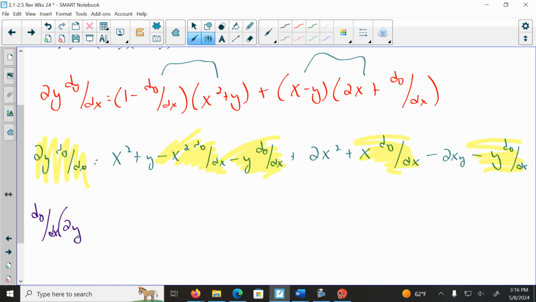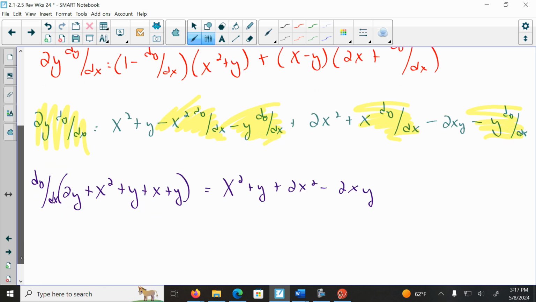Now when I bring this stuff over to the other side, the signs are going to change, so plus x squared plus y plus x plus y. I guess it should be minus, is equal to, and then everything over there: x squared plus y plus 2x squared minus 2xy.